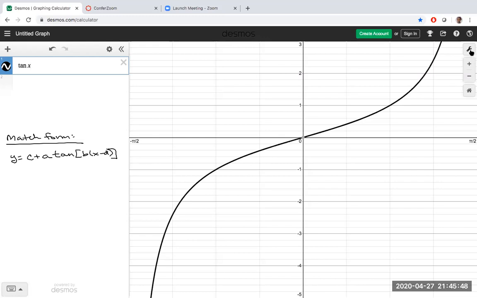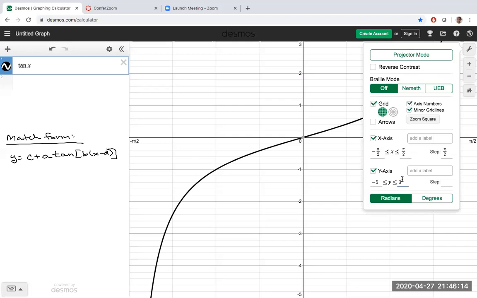Okay, and then I know for one period it should be between negative pi over 2 and pi over 2. And then I know that those middle values at negative pi over 4 and pi over 4 should give me -1 and +1 respectively for my y values.